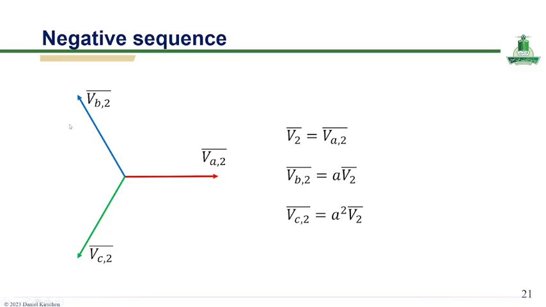We have ACB, compared to the positive sequence. As shown in this slide, the phase order is reversed, meaning it follows ACB instead of the normal ABC format.